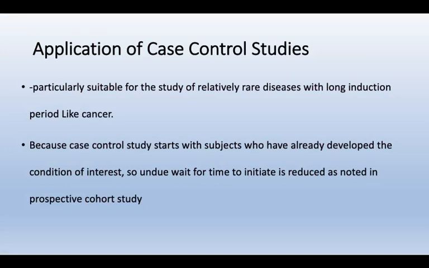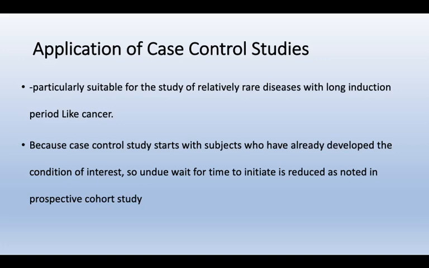Now, what are the plausible applications of case control studies? The foremost application is that it is particularly suitable for the study of relatively rare diseases with a long induction period, like cancer, because a case control study starts with subjects who have already developed the condition of interest.